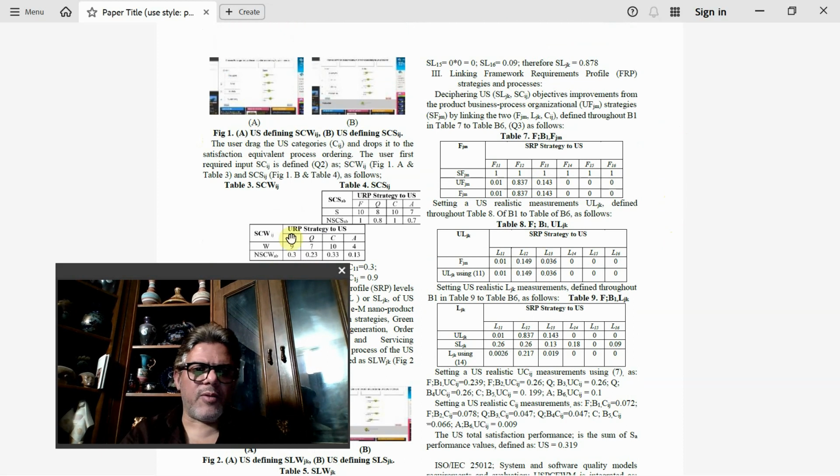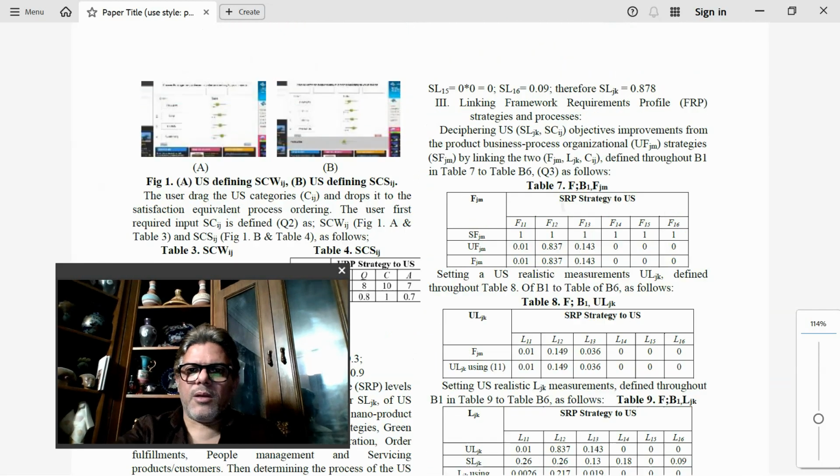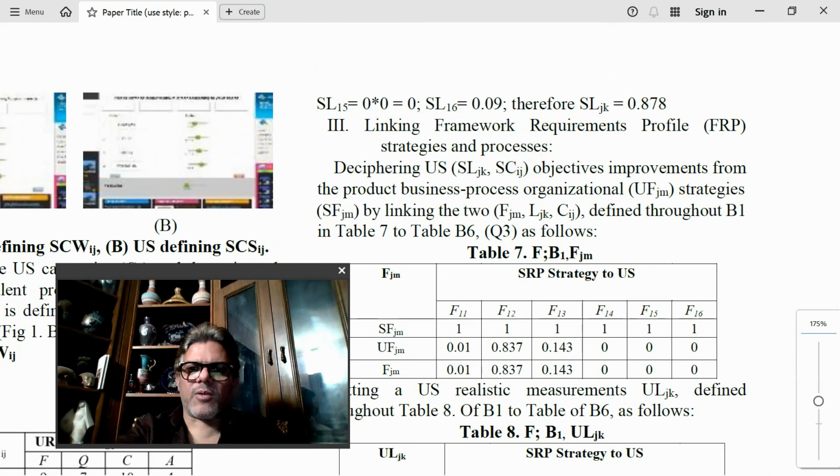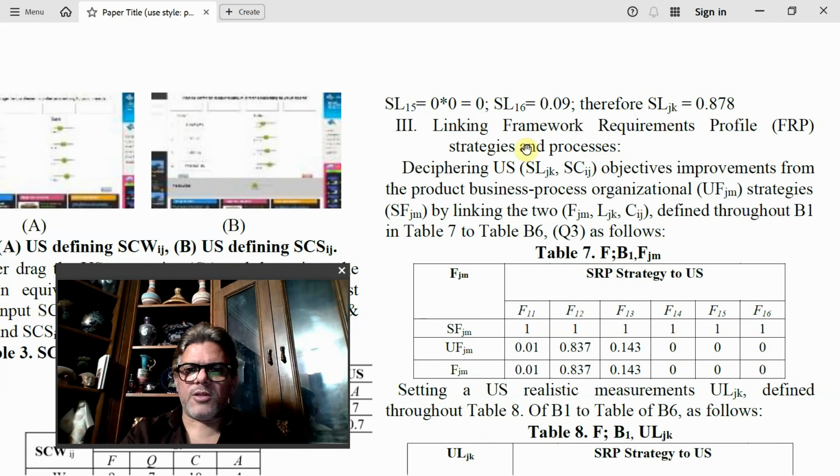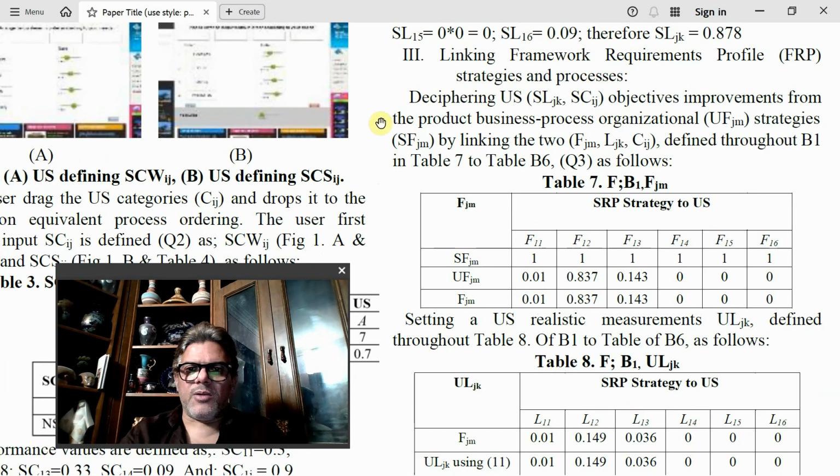So okay, we finish here the satisfaction categories and the satisfaction levels. Then the third is going to be linking framework requirements profile. Linking framework requirements profile, strategies and processes. Deciphering the user satisfaction, satisfaction levels, and satisfaction categories.